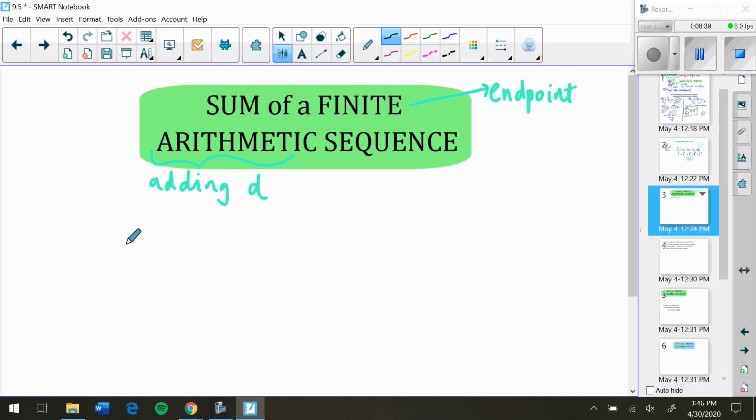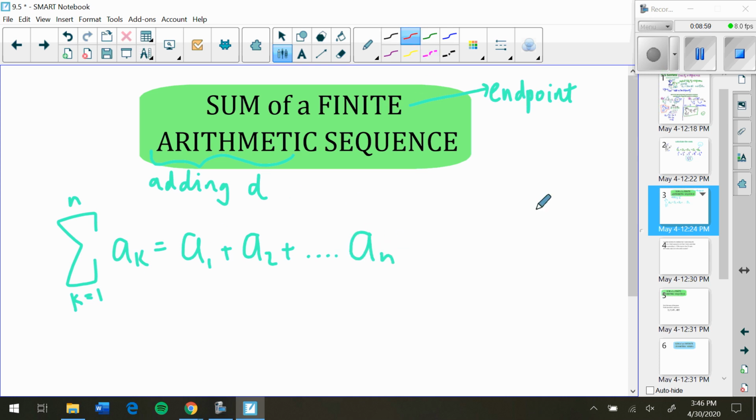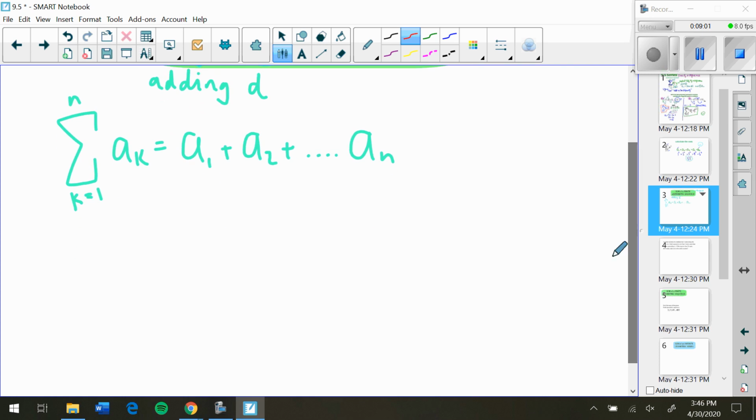All right, so this would look like, if you are given something that's, let's say, the sum from k equals 1 to n of a sub k, which would mean I'm adding the first term plus the second term plus all the way up to that nth term. That's what this is going to look like. Well, how can I do this?